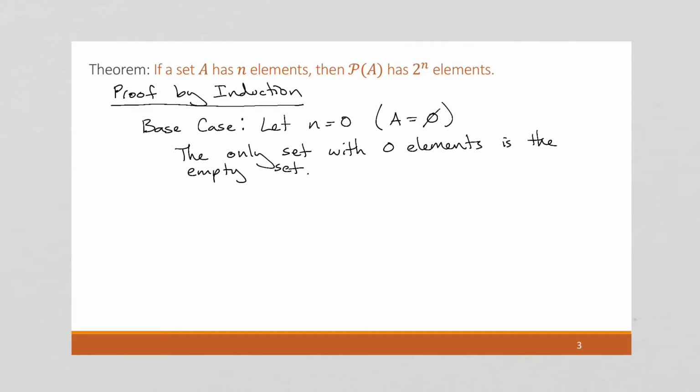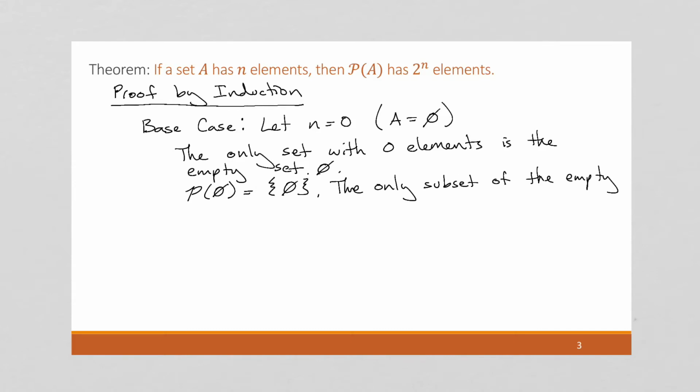So what would the power set of the empty set be? The power set of the empty set is just going to be the set containing the empty set, right? Because the empty set is always a subset of every set, including itself, the empty set. So the only subset of the empty set is itself.